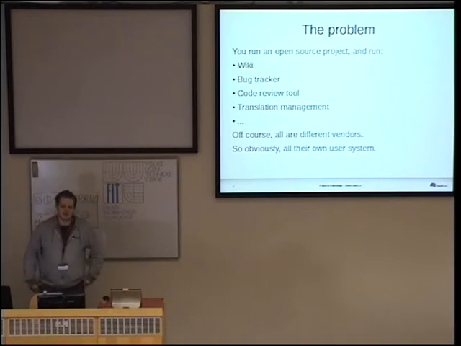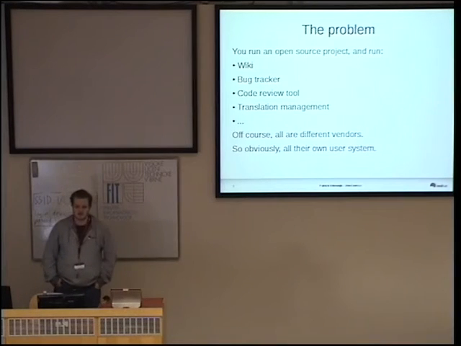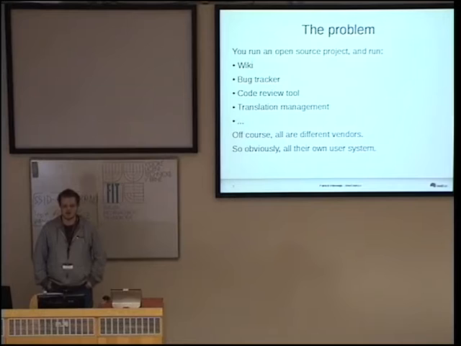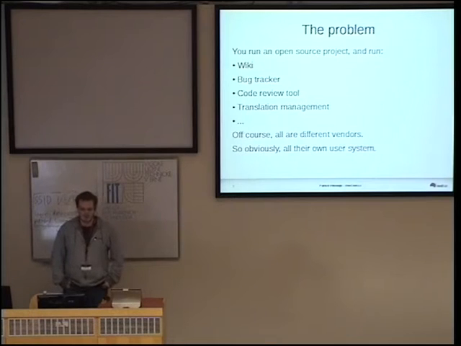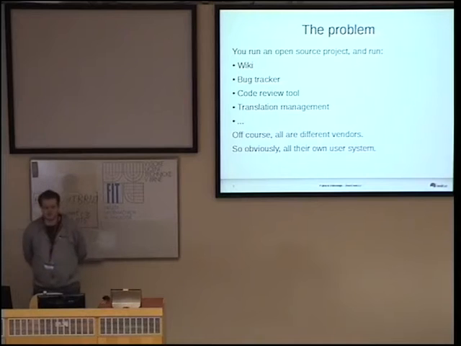So, the problem we were trying to tackle is that we were running an open source project, the Fedora project in my case, where we run a wiki instance. We have a bug tracker. You might have code review in your own project. You might have translation management. And of course, all of these software packages come from different vendors and as such have a different authentication system.